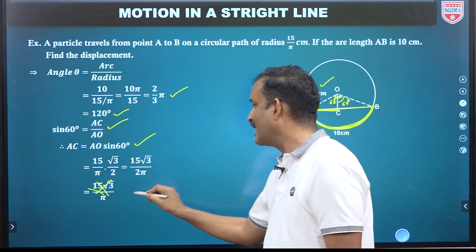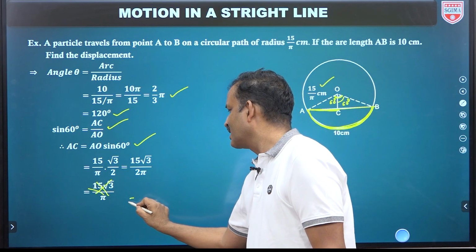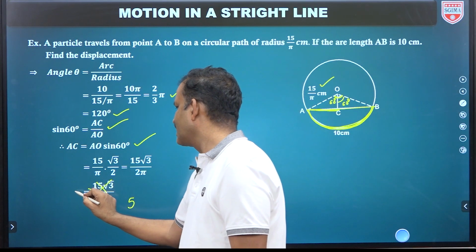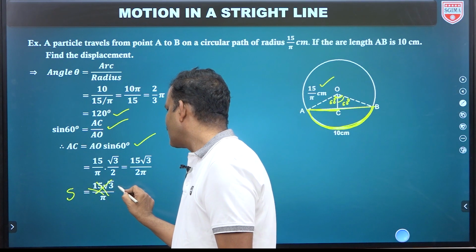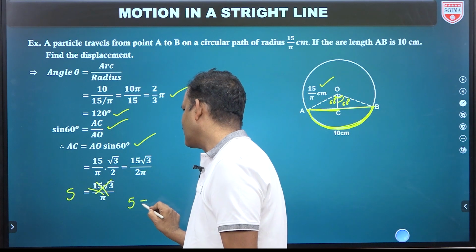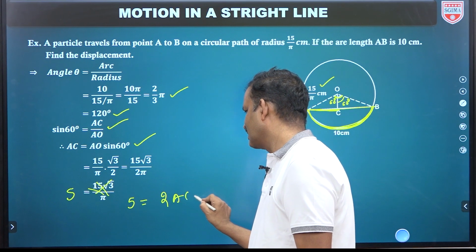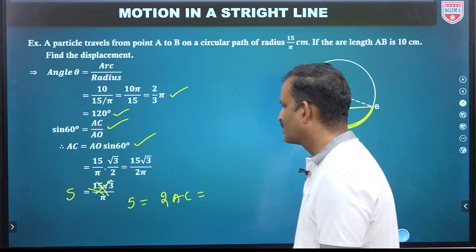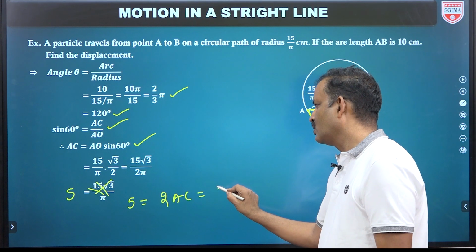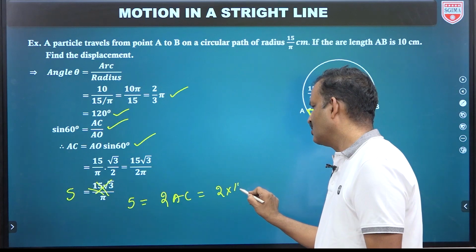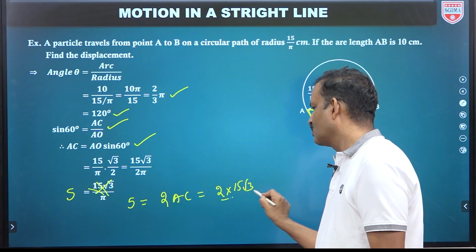But to get the displacement, you have to take 2 times this one, 2 AC. That's why the displacement is 2 into 15 root 3 by 2 pi.